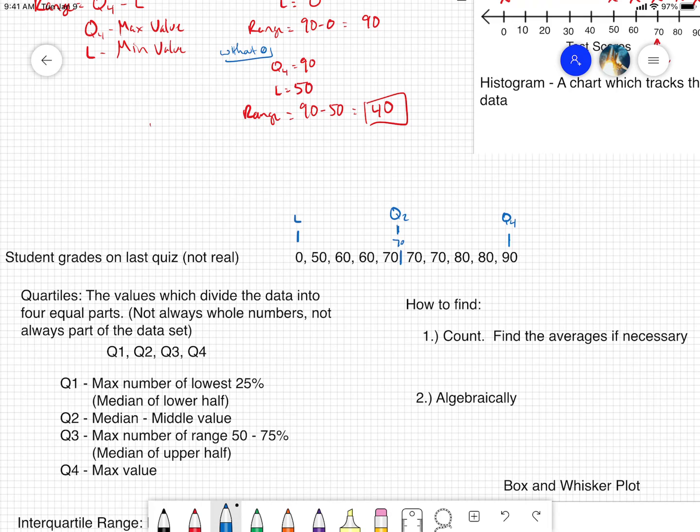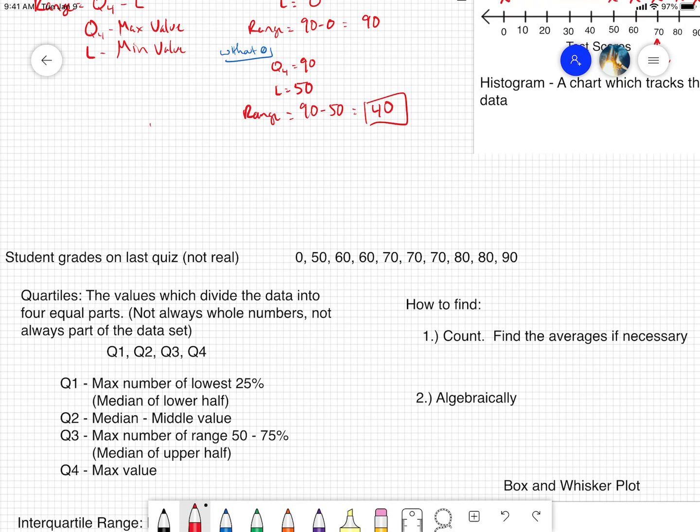So now the question is finding Q1 and Q3. The tough part is we kind of have to figure out where these are. So again, for finding them, we're going to look at this now without 0.